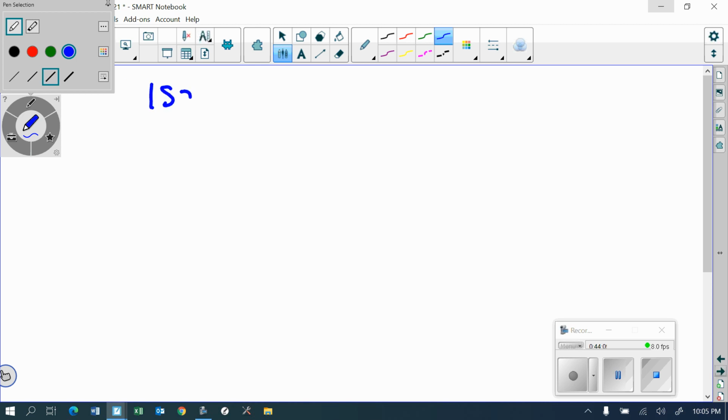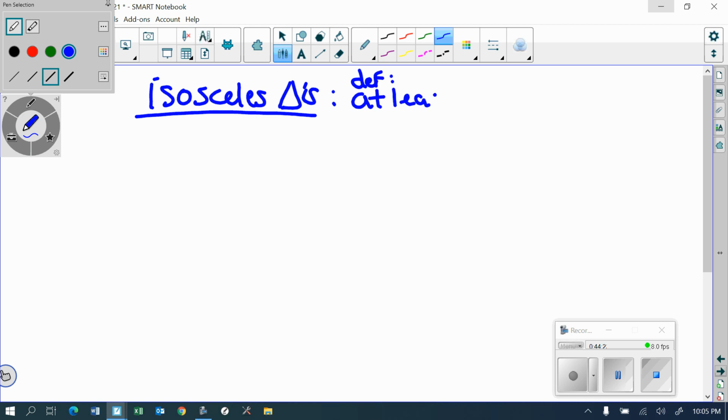Isosceles triangles. Definition. DEF always stands for definition. At least 2 congruent sides. Notice I didn't say exactly 2 congruent sides, at least 2 congruent sides.